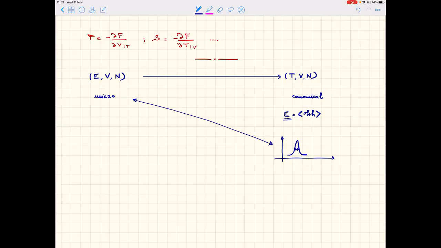Because the energy can formally fluctuate in the canonical, but the fluctuations are small in the thermodynamic limit. So it's practically as if it didn't fluctuate. You understand?